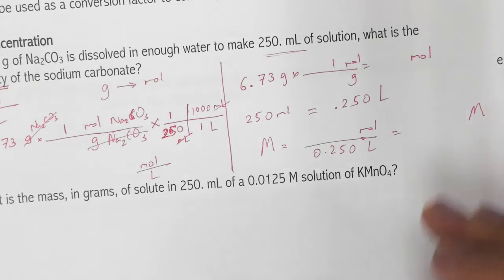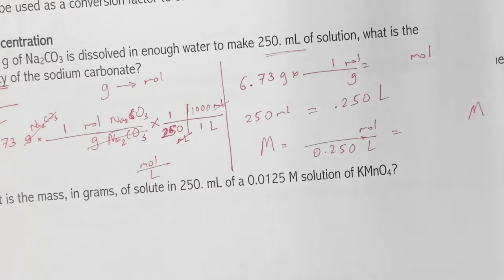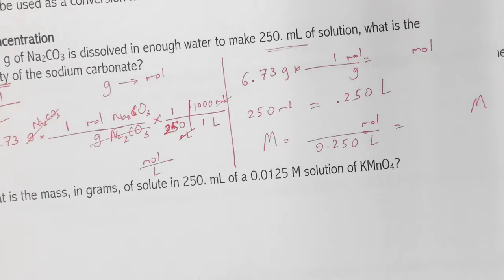Right? So you can also do it this way. I don't have my sodium carbonate molar mass yet. So my sodium carbonate is 22.99 plus 12.01 plus, oh wait, 22.99 is times 2, O3.